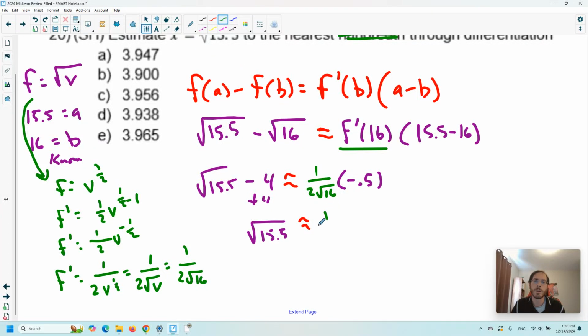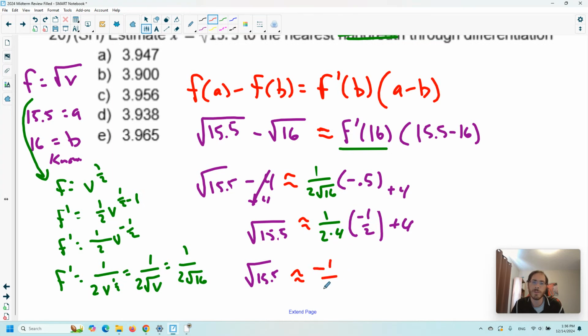So this is 1 over 2 times 4. I think this is going to be easier to write as negative a half, and then plus 4. Cool. All right, this is coming together. So radical 15.5 is about, I think I'm going to combine all of these to become negative 1 over 16 plus 4. So that means we need to add 4 and 1/16.